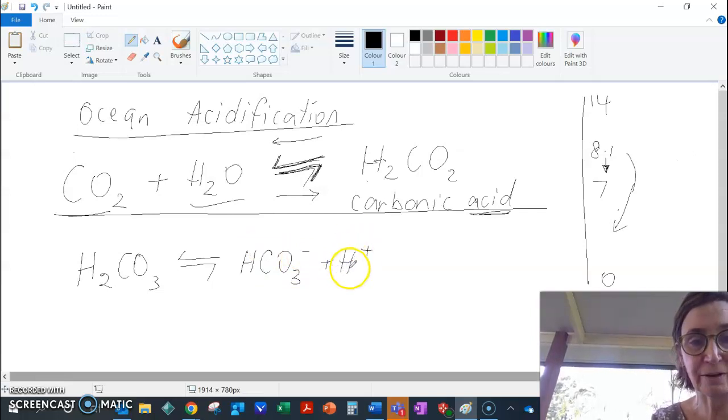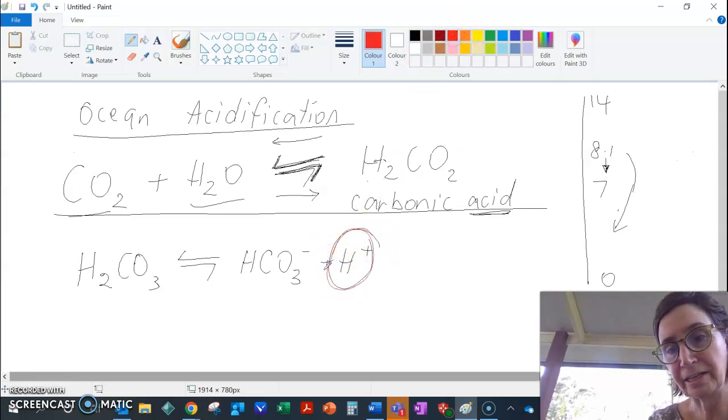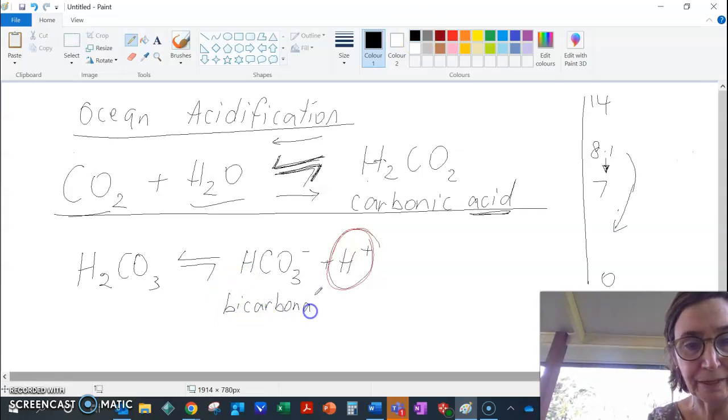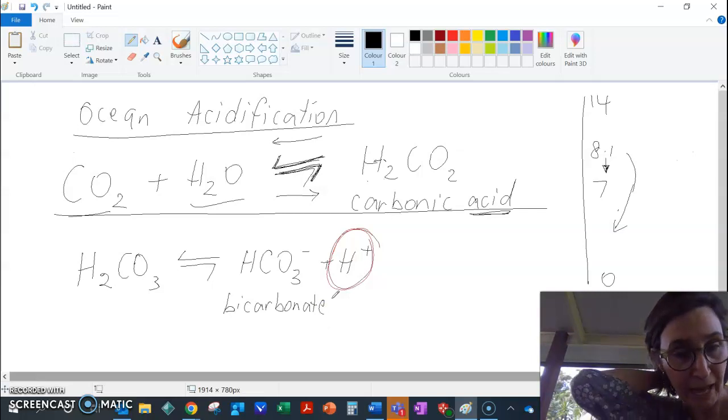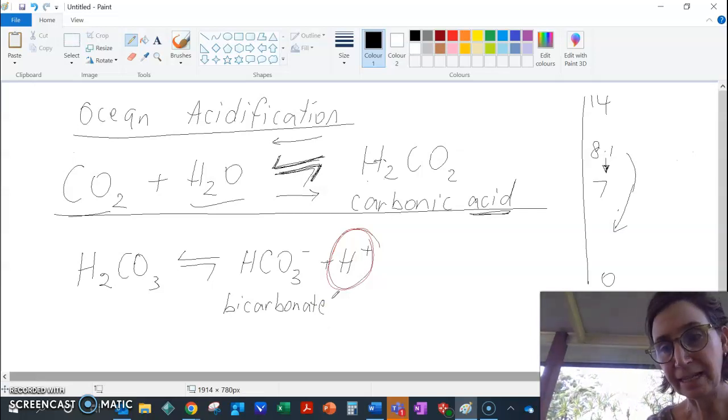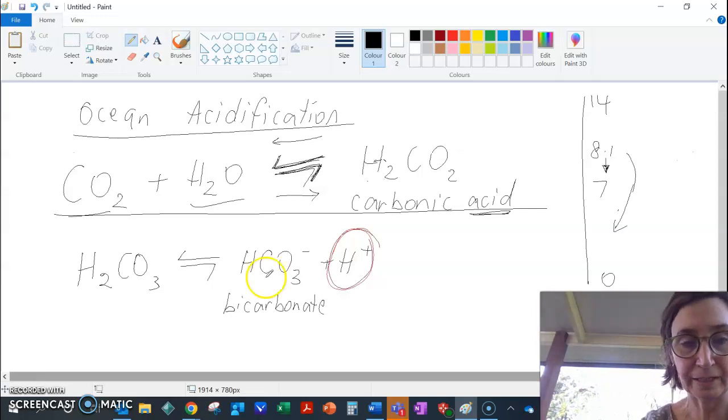So this first thing, this hydrogen ion here, that's our first little bit of an acid problem. This ion here is called the bicarbonate ion. You've got some bicarbonate in your pantry, sometimes called bicarb soda. And if you taste it, you can taste that it's a little bit basic. Okay, this bicarbonate ion. So this is why the ocean is a little bit basic.